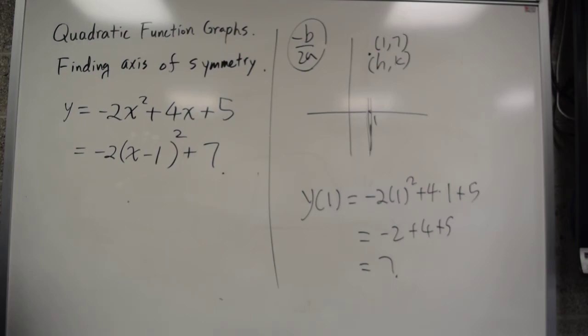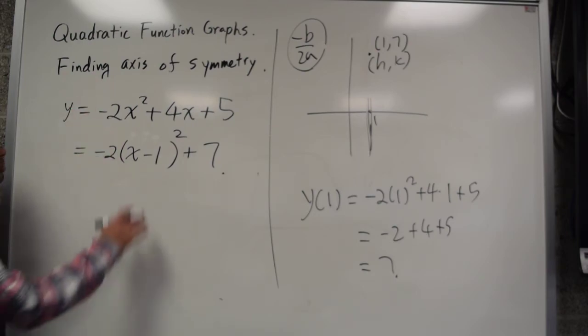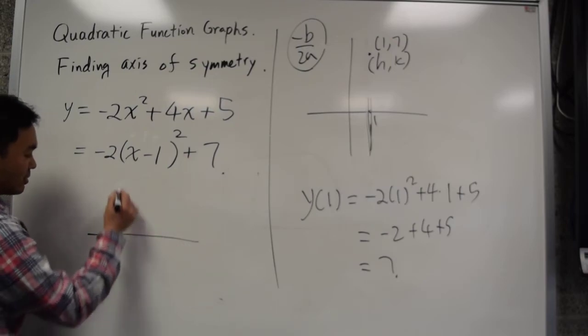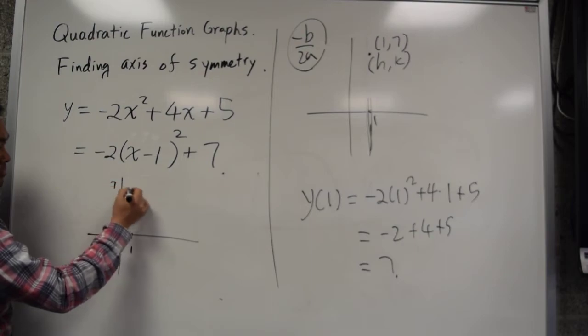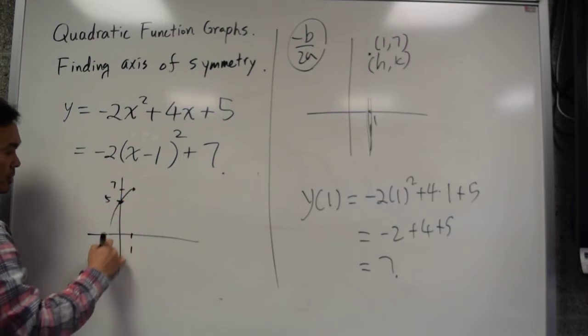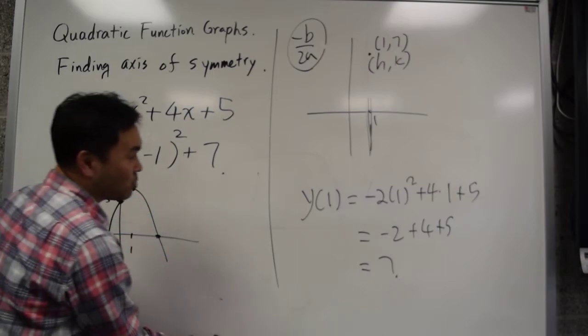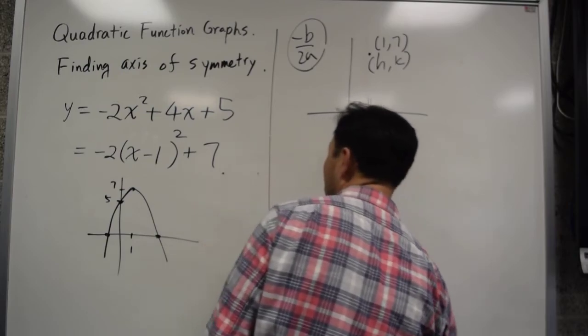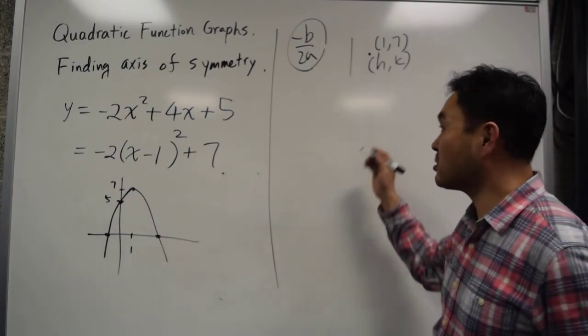Okay. And then if you want to complete this by drawing the graph, you can plug in 0 to get 5. At 1, you get 7. At 0, you get 5. So you get this. And to get these 2 points, you actually have to use the quadratic formula. Unfortunately, this one cannot be factored, so you have to use the quadratic formula. So let me quickly do that to finish this off.